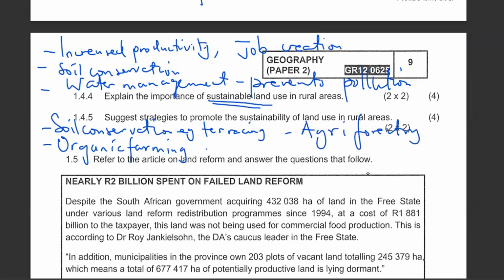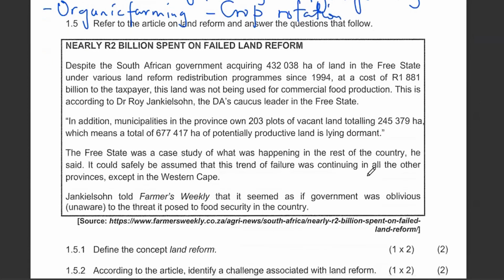While we do agriculture, we also need to plant trees so that we reduce soil erosion and land degradation. Then we can also look at other measures like crop rotation. We engage in sustainable farming through crop rotation. Right, those are some of the measures. We cannot exhaust all of them. I'll move on to the next question.